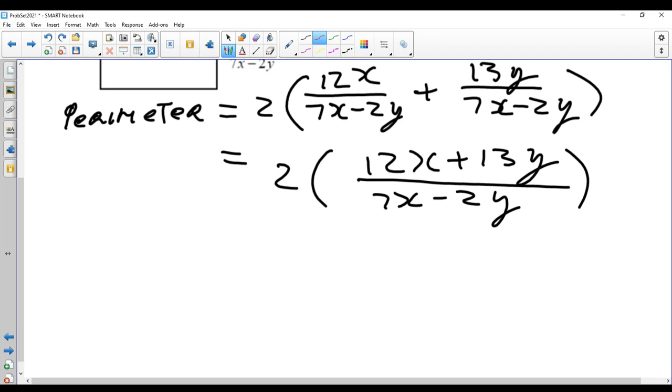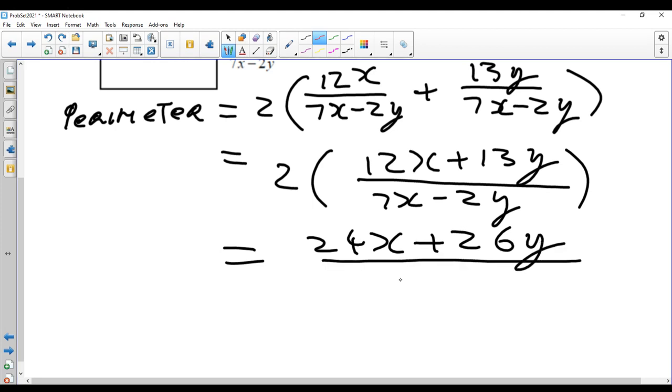Right? That's it. And yes, we should multiply the 2 now. Should we multiply the 2 by the top and the bottom? What do you think? Does that make sense? Only by the top. So that should give us 24x plus 26y all over 7x minus 2y.